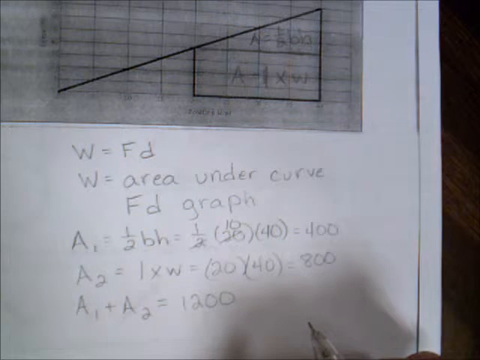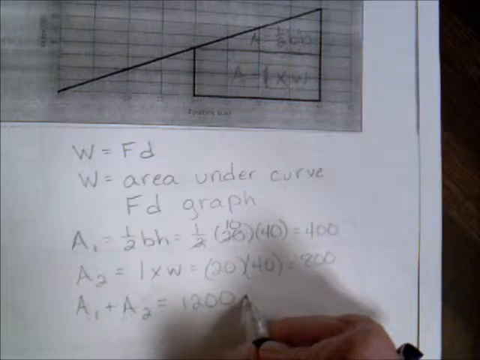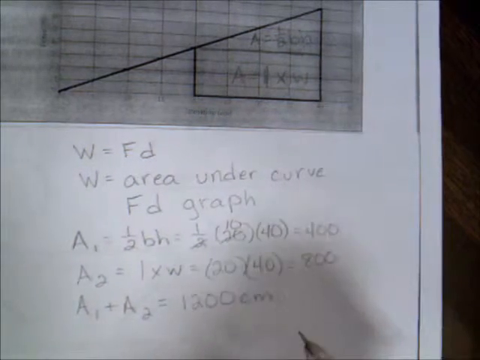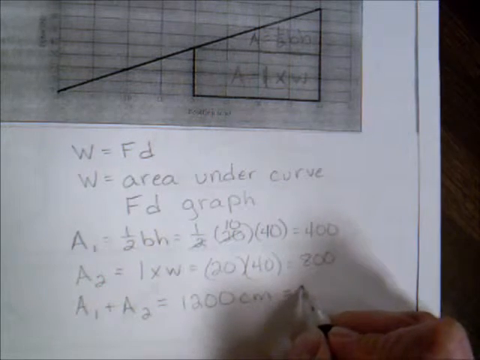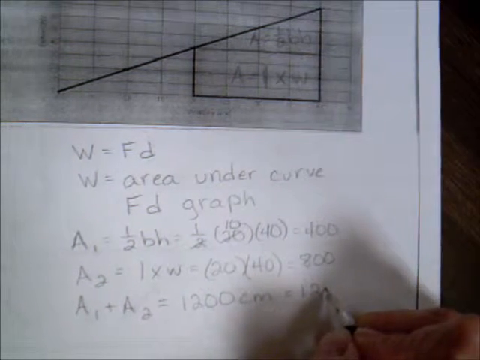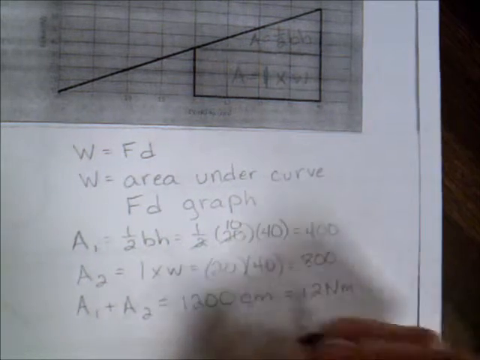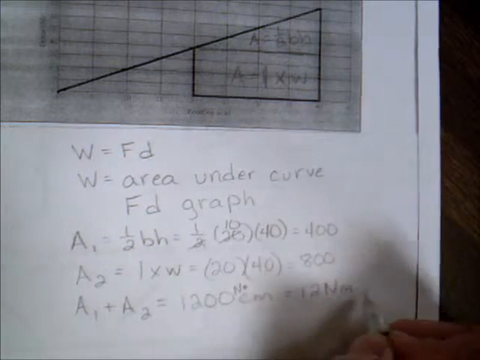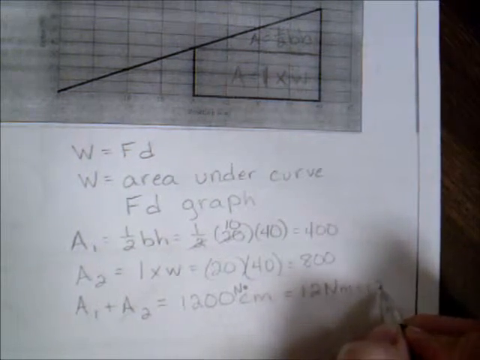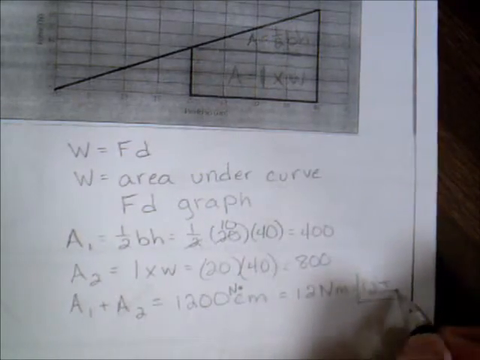But then remember, that's going to be in centimeters, so we have to change that to meters, and so that's going to be 12 Newton meters. I'm sorry, that would have been a Newton centimeter. Newton centimeter, here it's a Newton meter, which equals 12 joules. So there's your answer right there.